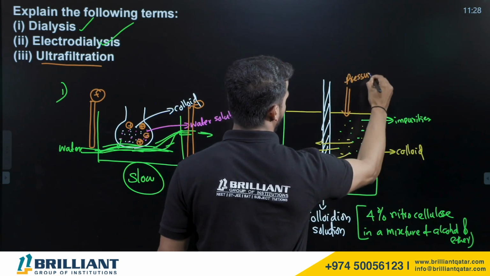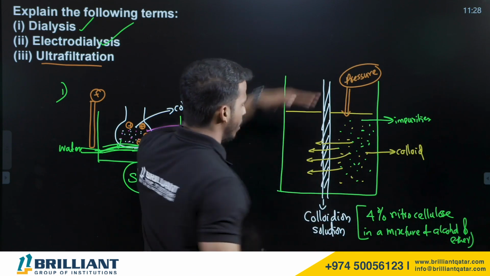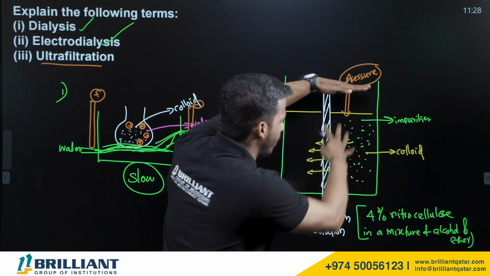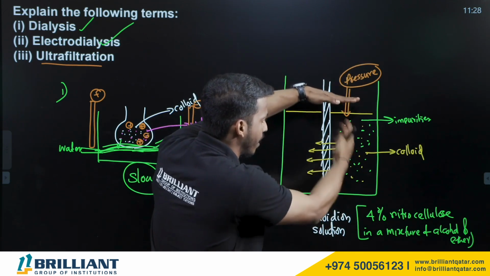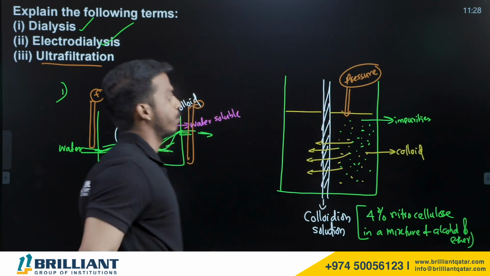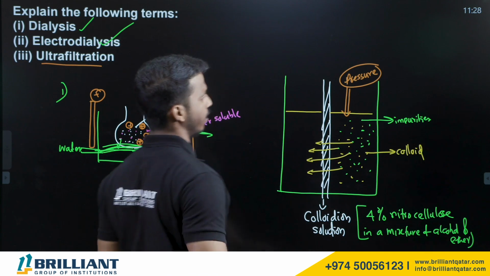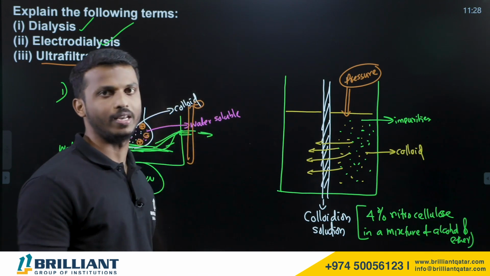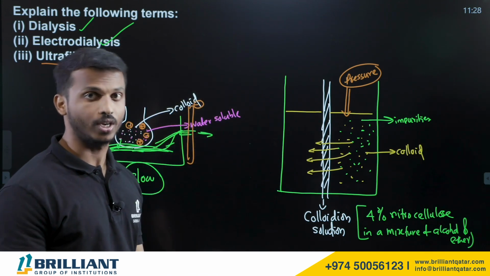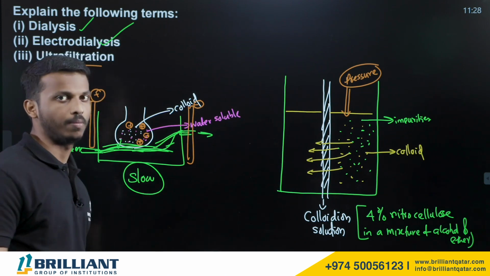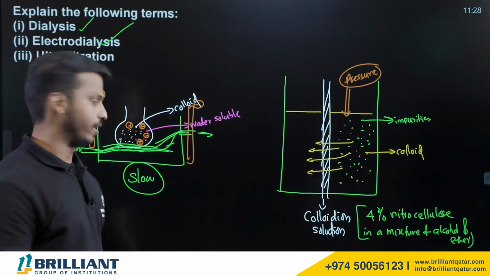When you apply pressure, the movement of the impurities becomes much faster. This process of removing impurities from an impure colloid to make a pure colloid is known as the ultrafiltration technique. So any one of them can be a question for the exam.